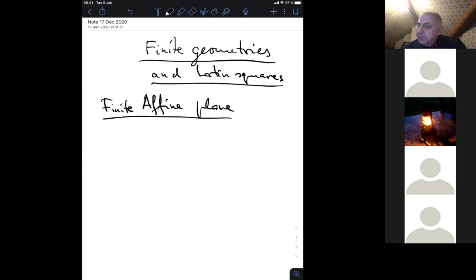So a finite affine plane is a pair consisting of two sets, P, which would be a finite set, and L. So P stands for points, and L stands for lines. So P is a finite set.